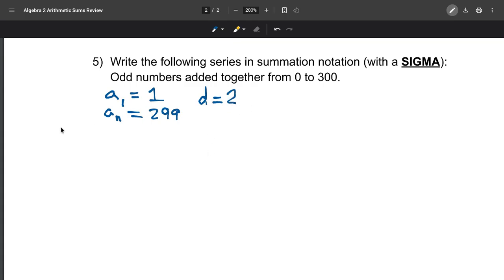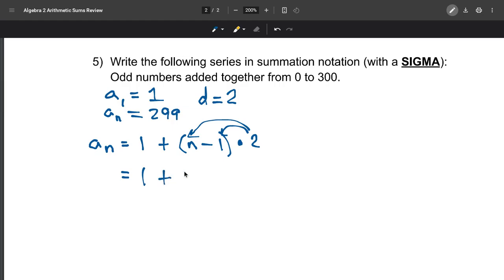All right, so we're going to say a sub n equals the first term, a sub 1, plus n minus 1 times 2. I'm going to distribute the 2. It's going to be 1 plus 2n minus 2.